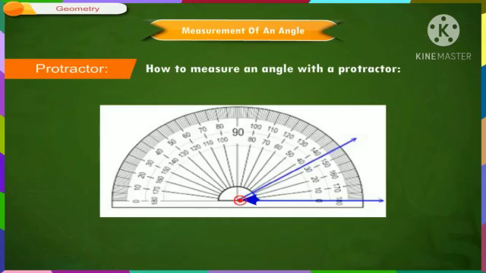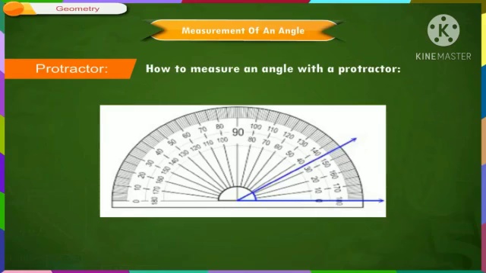Take care to read from the right set of numbers. A protractor has two sets of numbers. If you look at the right part of the protractor, you will find a set of numbers 0 to 180 degrees. The other set is from 180 to 0. Which set you read depends on how you place the protractor.